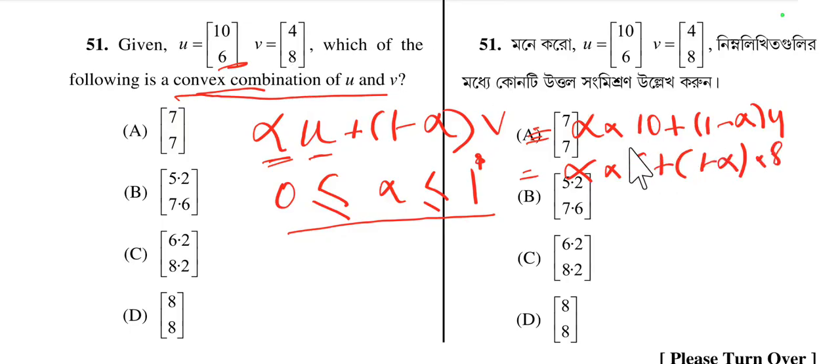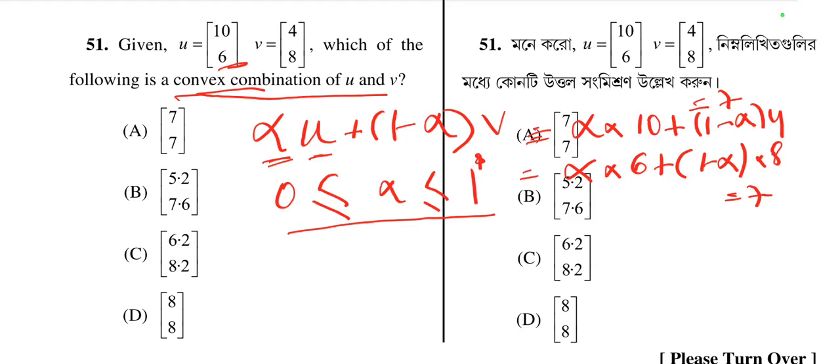So we have alpha into 10 plus (1 minus alpha) into 4, and alpha into 6 plus (1 minus alpha) into 8. If you solve this, this value is 7 and this value is also 7.